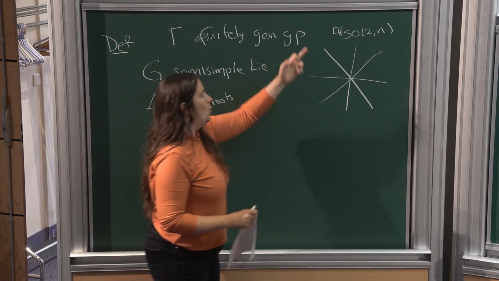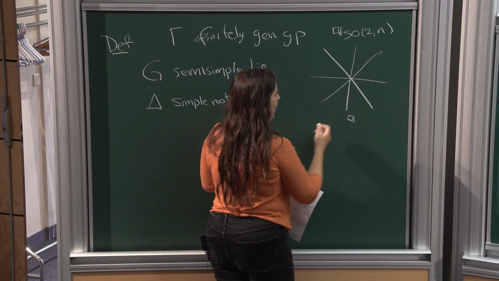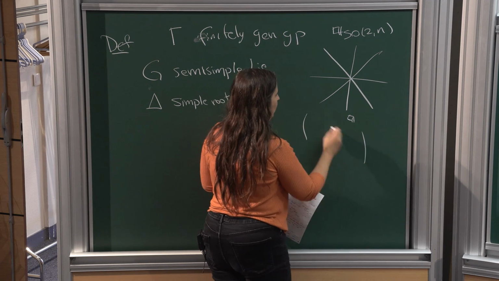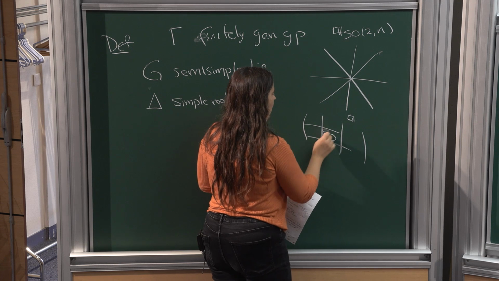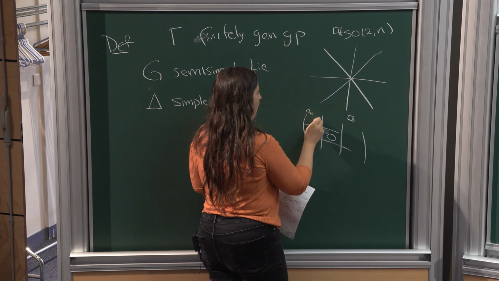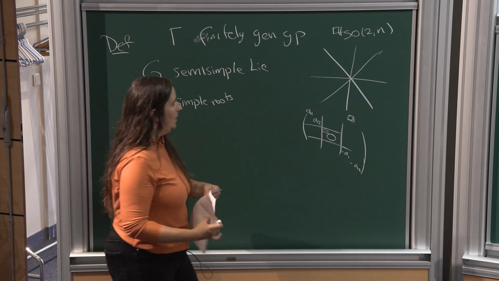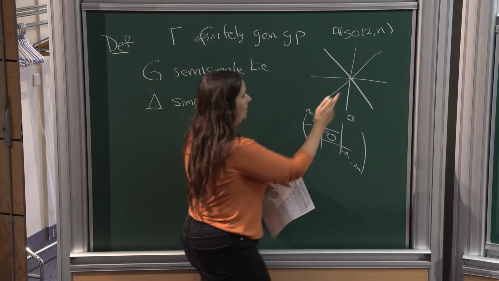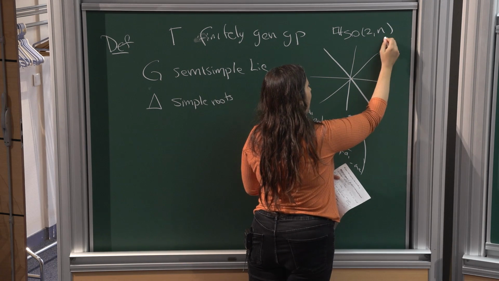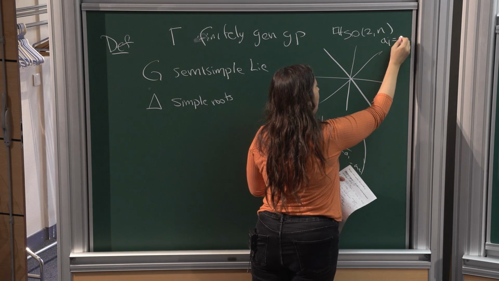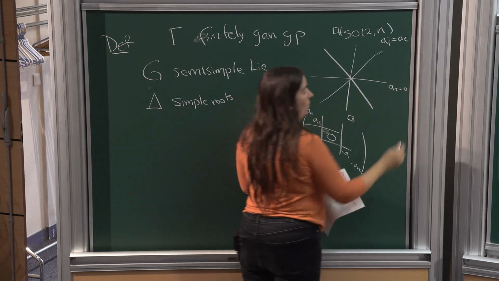Here, if this is A, and A corresponds to diagonalizable matrices of the form with a big 0 here, A1, A2, minus A1, minus A2, then the roots are, as you see in the picture, A1 equal to A2, and A2 equal to 0.